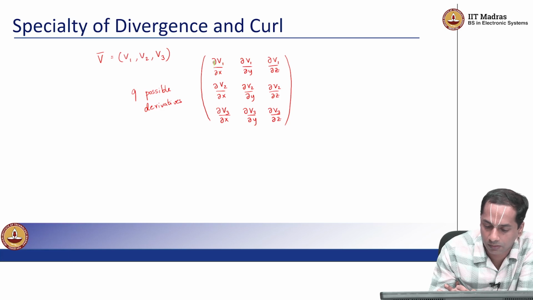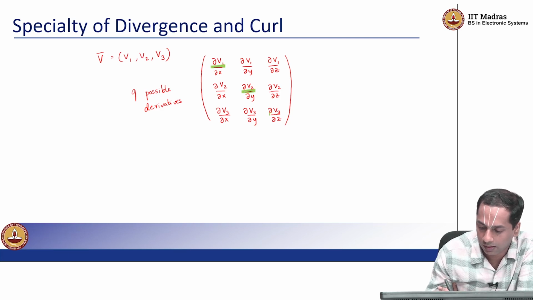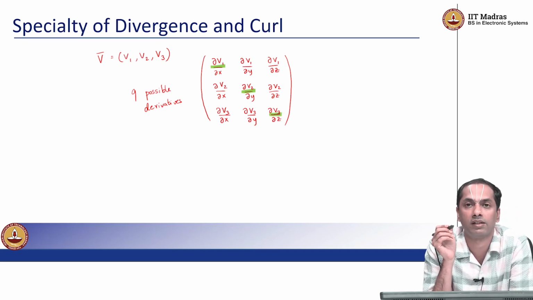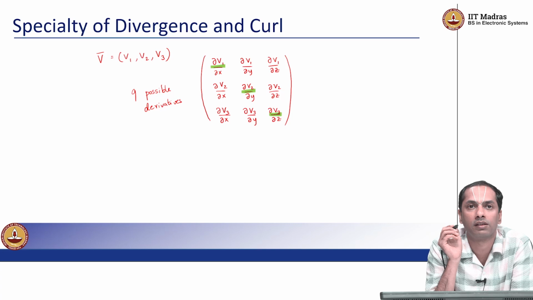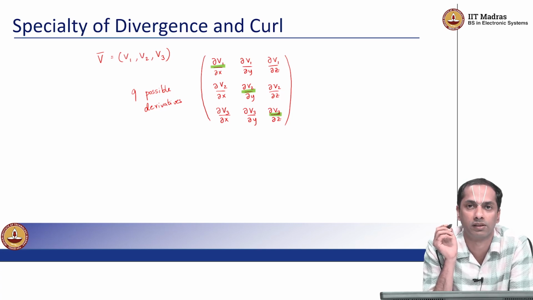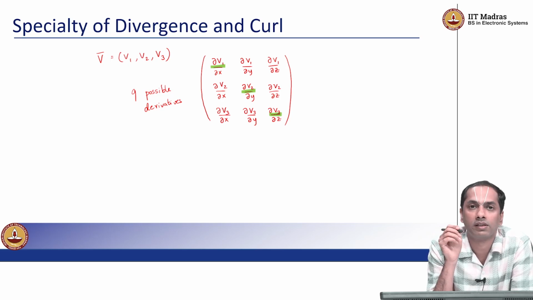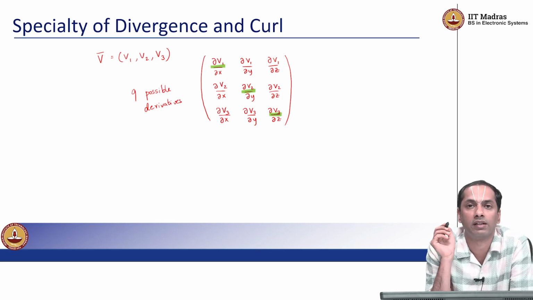The divergence is essentially the sum of these three terms, so it is called the trace of the matrix. The divergence is simply a scalar. Del dot V is dou V1 by dou x plus dou V2 by dou y plus dou V3 by dou z. So divergence is essentially the sum of the diagonal elements.